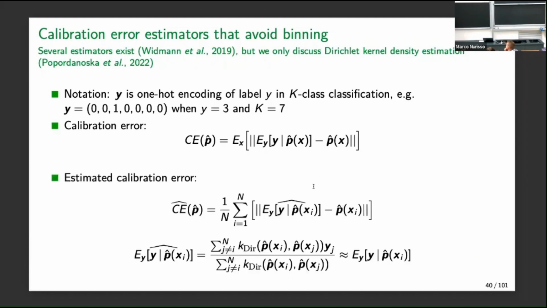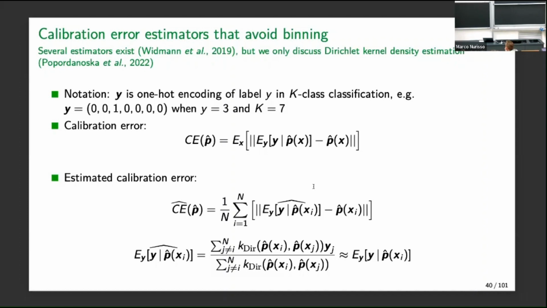There are several estimators proposed in the literature, but this recent paper has quite an interesting one in my opinion. What they do is that this first expectation over the distribution is replaced, if you have a validation data set, by your n data points in your data set. And then you still have to approximate this other expectation as well, so they propose an estimator for that.